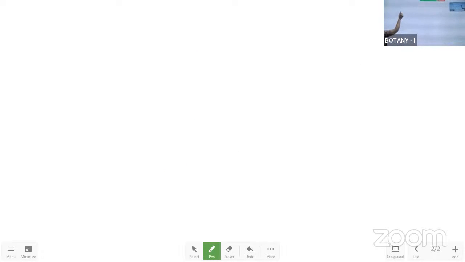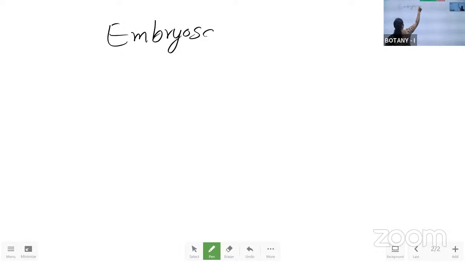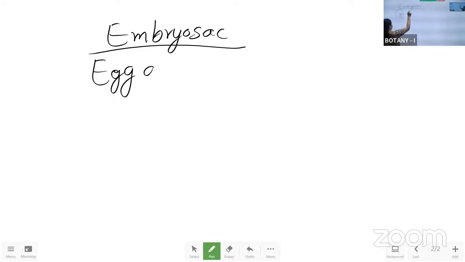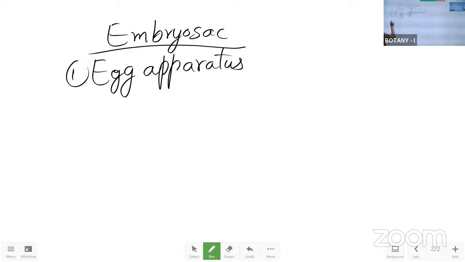Basically, while writing the theory, we can divide the embryo sac into 3 major parts. The first one is the egg apparatus. Second one is the antipodals.